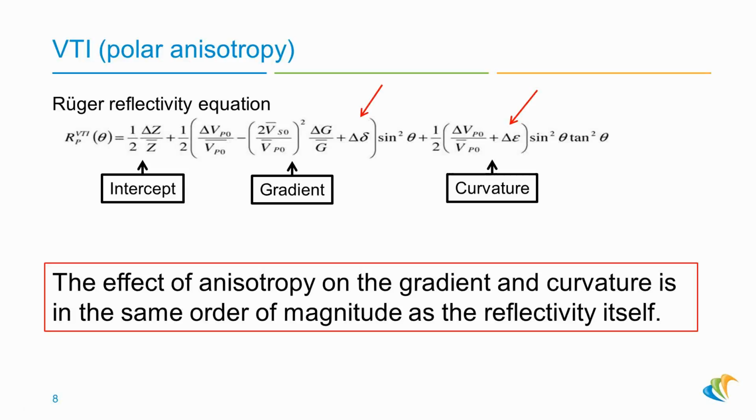So the anisotropy has a large influence on the reflectivity, and the influence can be larger than the isotropic reflectivity itself. So not taking care of anisotropy in an anisotropic environment will bias your estimates of your inversion parameters.